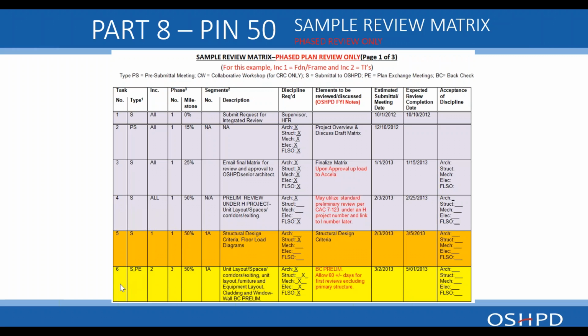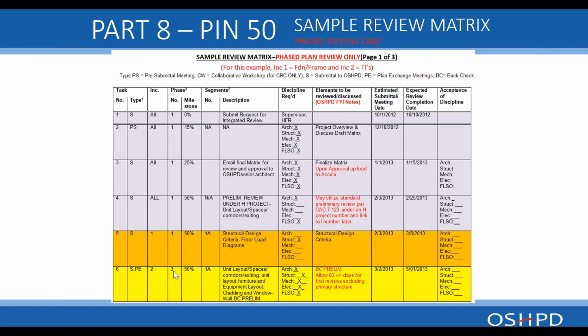Then in item 6, we see a submittal and a PE, which is a plan exchange meeting. This is where the design team is bringing their plans in for increment 2 at 50% of phase 3.